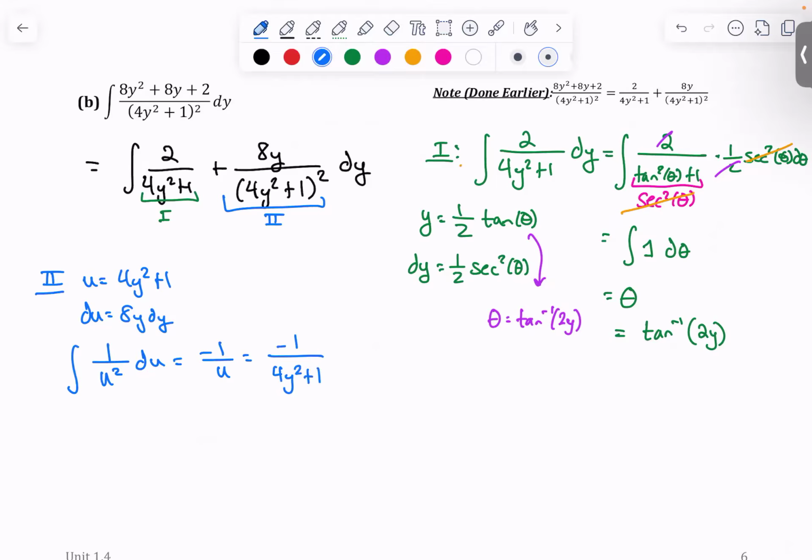So we have everything we need now. We have the green, we have the blue, we'll combine them together. So it's going to be tangent inverse of 2y minus 1 over 4y squared plus 1 plus a constant c.